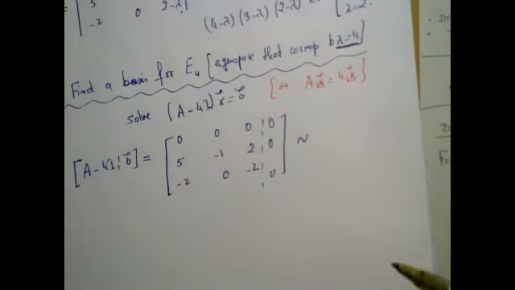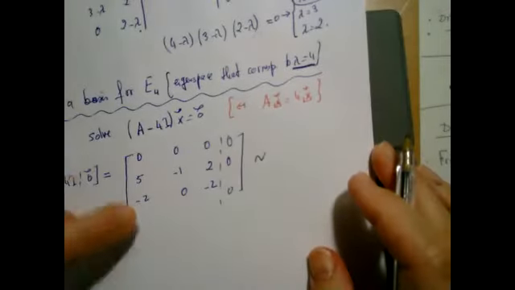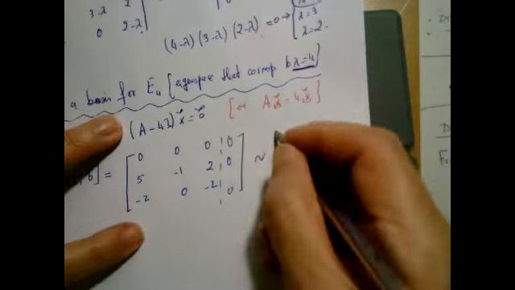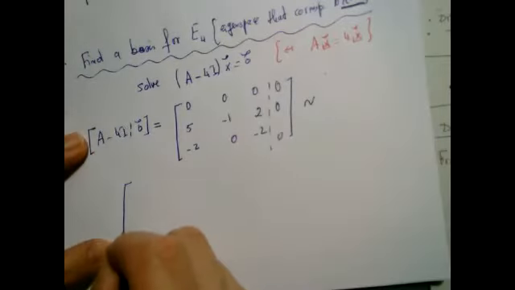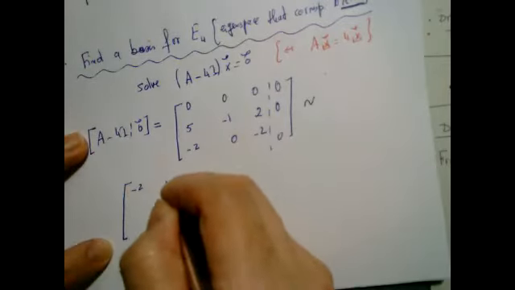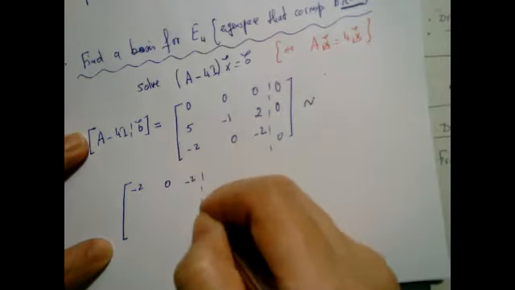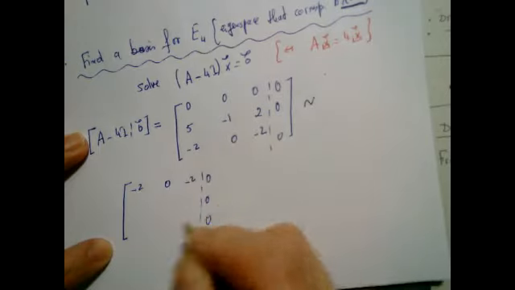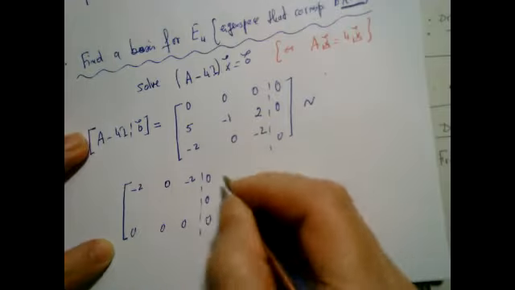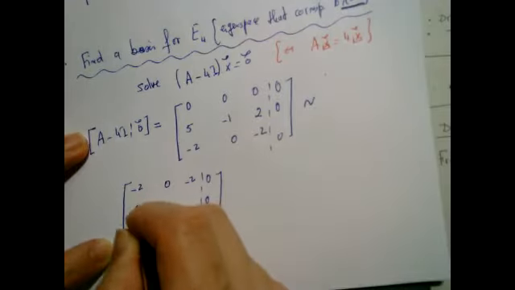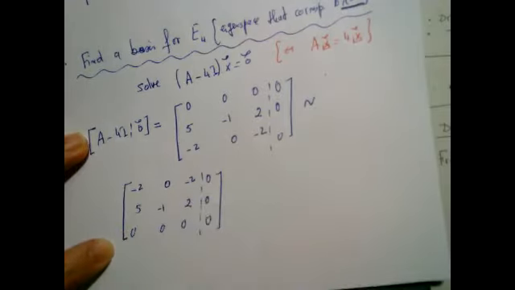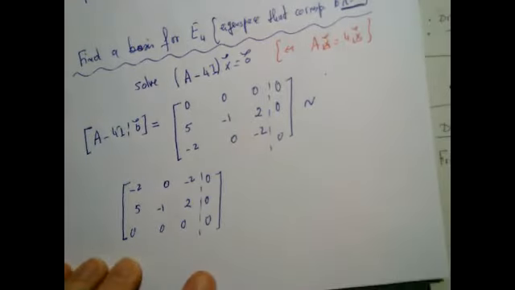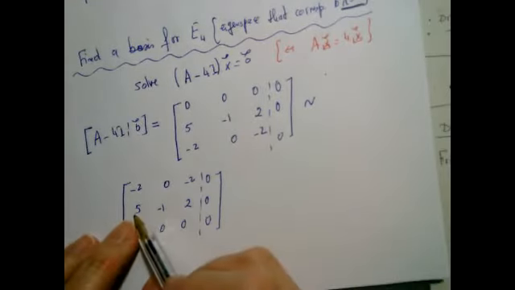I'm going to switch things around. All the rows of zeros have to go to the bottom. So I will have minus 2, 0, minus 2 first, the row of zeros goes here, and then 5, minus 1, and 0. I want to go to the echelon form, so I have to get rid of this 5.